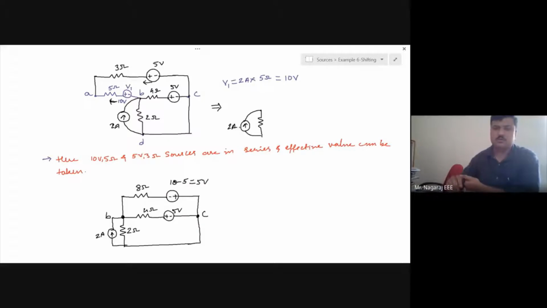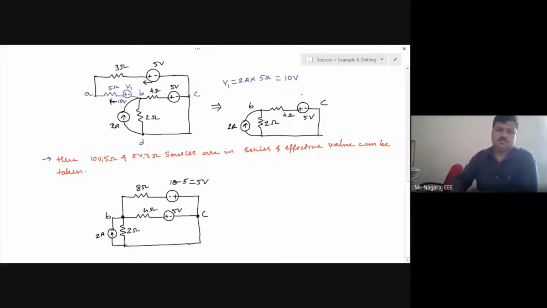Just a moment. Now I will redraw this. Here this is node B. C. This is 2 ohm. This is 4 ohm and 5 volts.